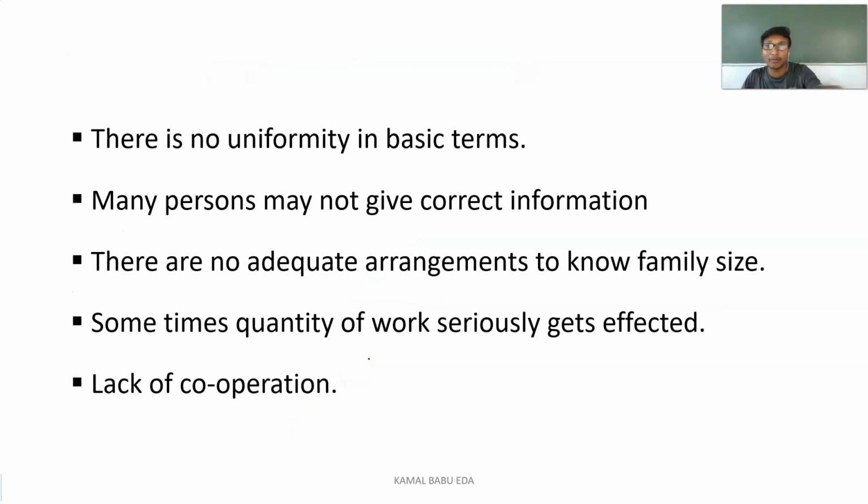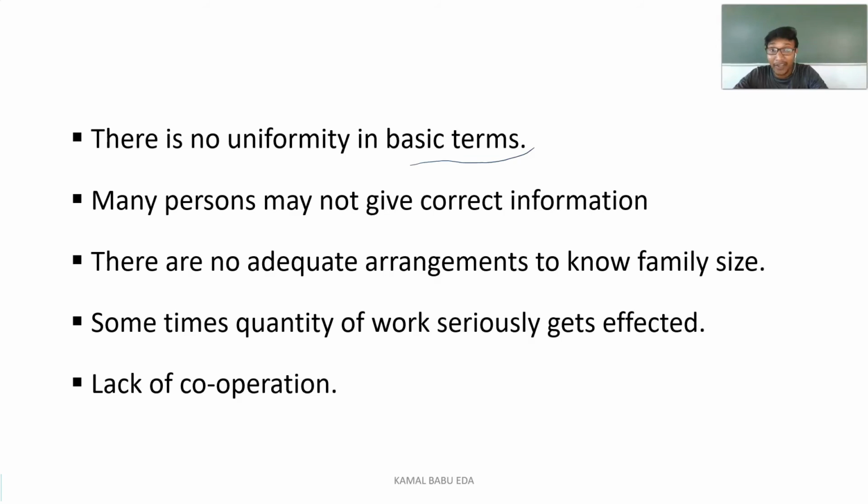So these are some of the problems. There is no uniformity in basic terms, and many persons may not give the correct information because we are collecting the data from people, and people who are not willing to give their personal status or personal details might give defective data.